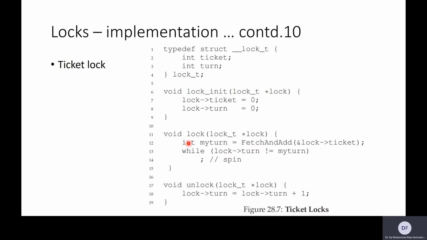But one other criterion where this implementation is good is fairness, because as threads come and start waiting for the lock, every thread will get a turn, and the value of lock arrow turn will be incremented one by one. Okay? So it will become equal to each thread's turn eventually. All threads waiting for the lock will eventually get the lock. So in terms of fairness, this scheme is better than others.